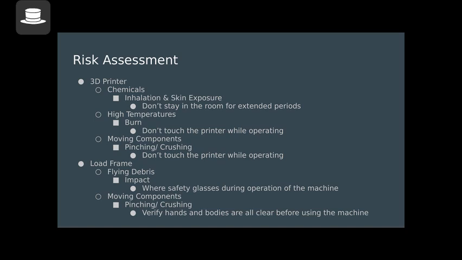And again, there is a moving components pinching and crushing risk. So before the machine is operated, it was verified that all the participants had their hands and themselves away from the machine. The experimenters were informed on where all of the emergency stops were before continuing with the experiment.